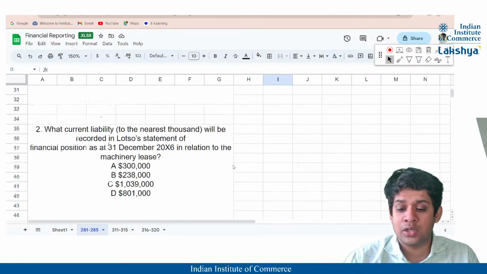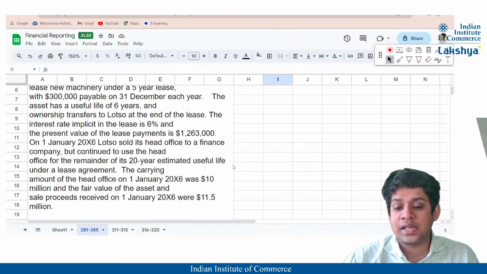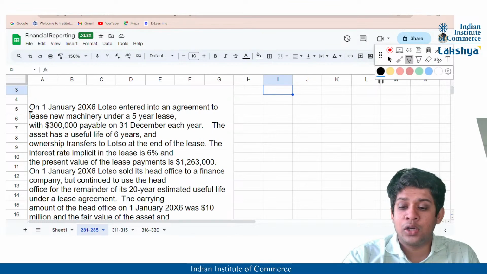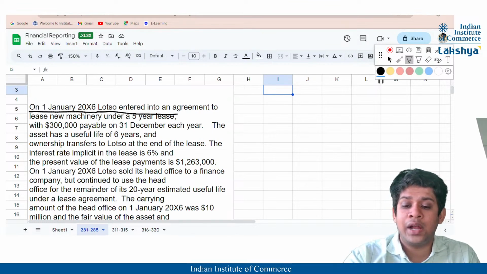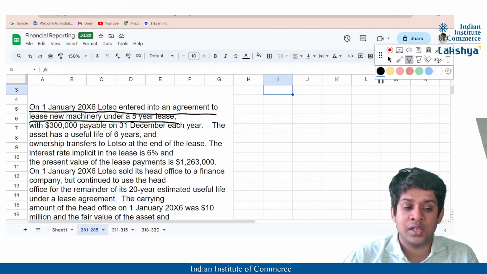That is the next question where we have a complete 5 questions. So let us understand each question in detail. Firstly, on 1st April 2016, Lotso entered into an agreement to lease new machinery under a 5-year lease.